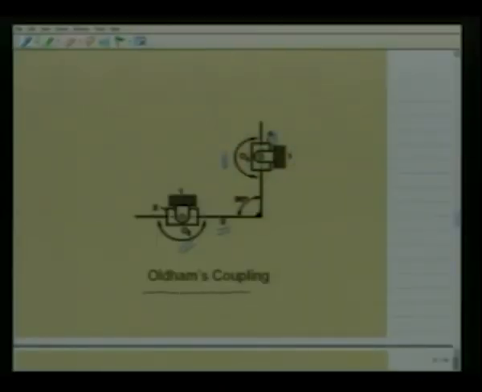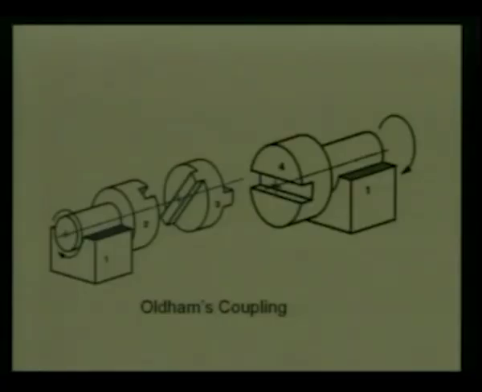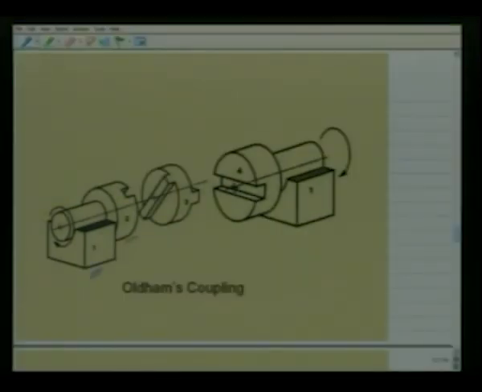In other words, they have the same angular motion. Thus this mechanism, known as Oldham's coupling, can be used to connect two parallel shafts, one at O2 and the other at O4, transmitting uniform angular velocity ratio. This is the kinematic diagram. The physical construction of this Oldham coupling is shown in the next slide. As we see, there is a revolute pair between link 1 and link 2.